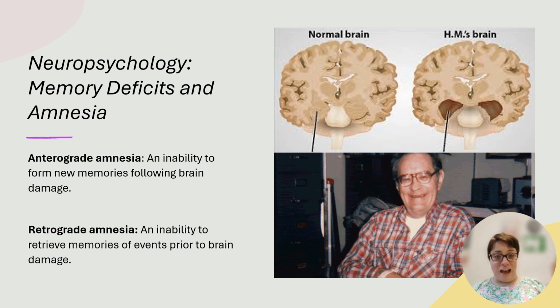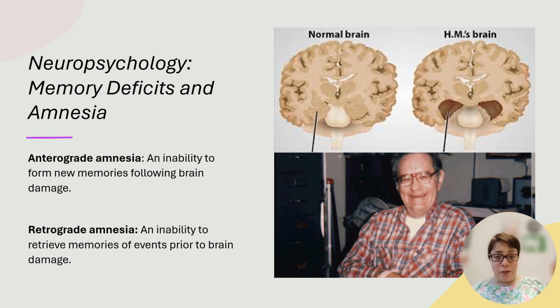Henry passed away in 2008 at the age of 82. Although his ability to encode new events into his episodic memory was strongly affected, research shows that his short-term memory or working memory and procedural or implicit memory were largely intact, right?